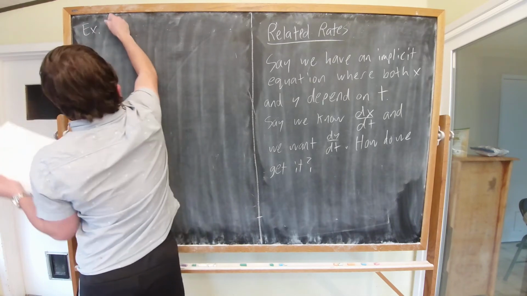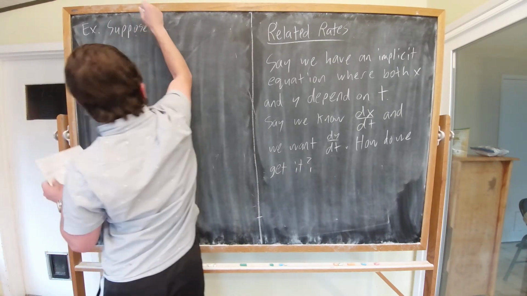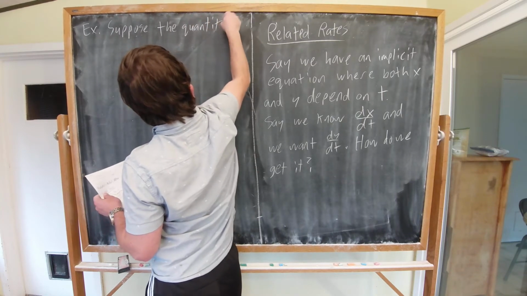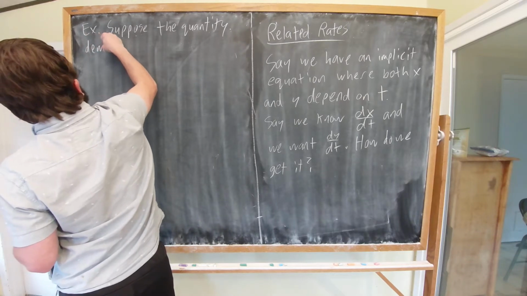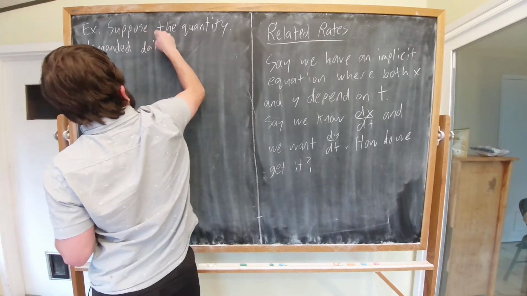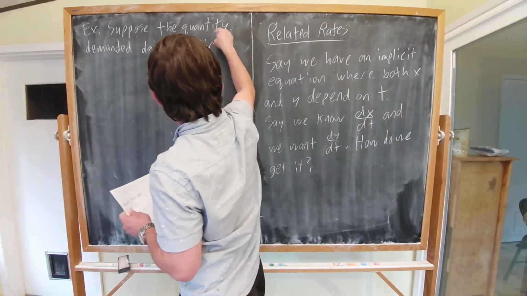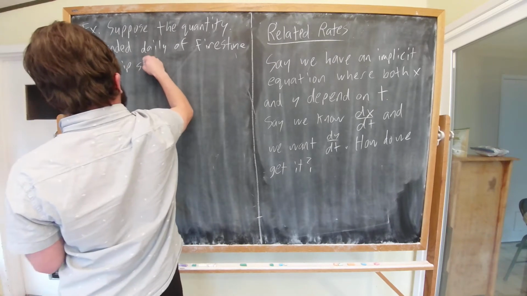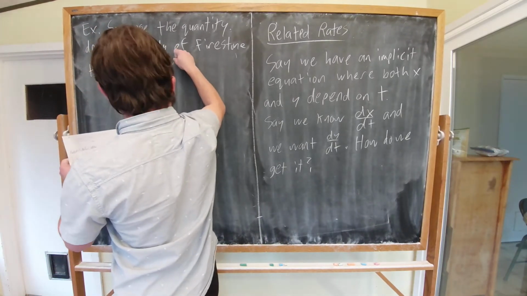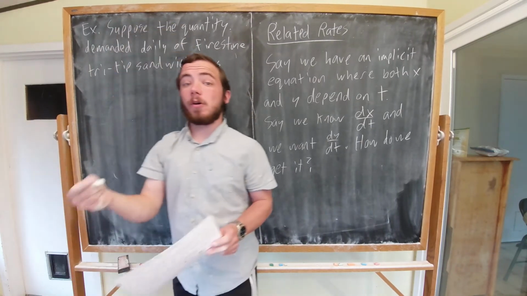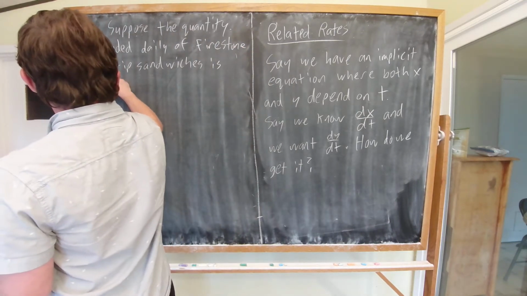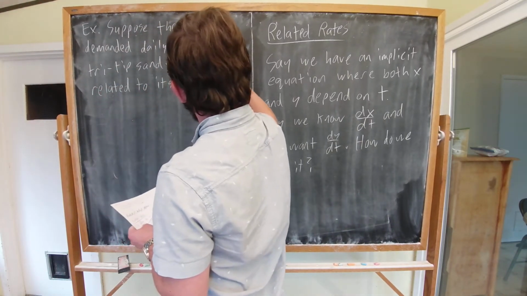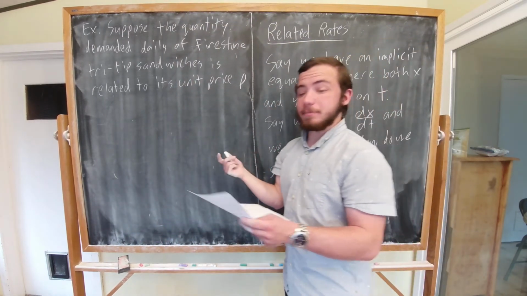Maybe a local one. Suppose the quantity demanded daily of Firestone tri-tip sandwiches is related to the price of the sandwich, which we'll call P, by a simple equation.